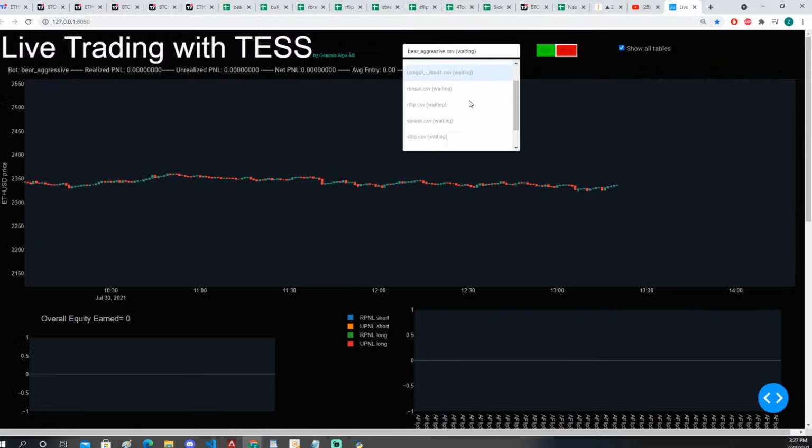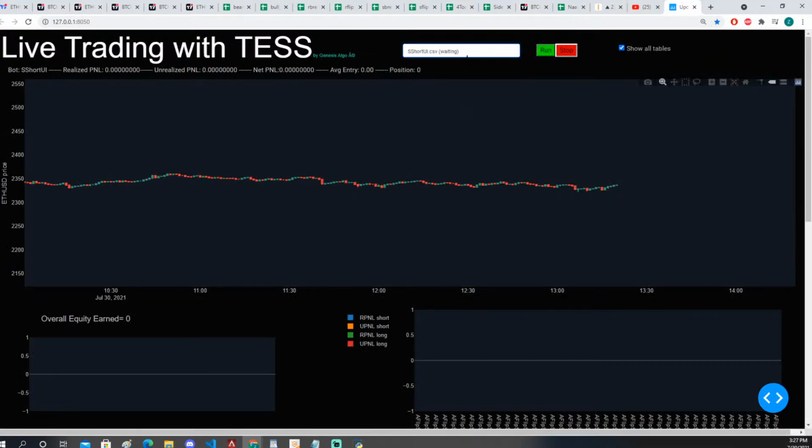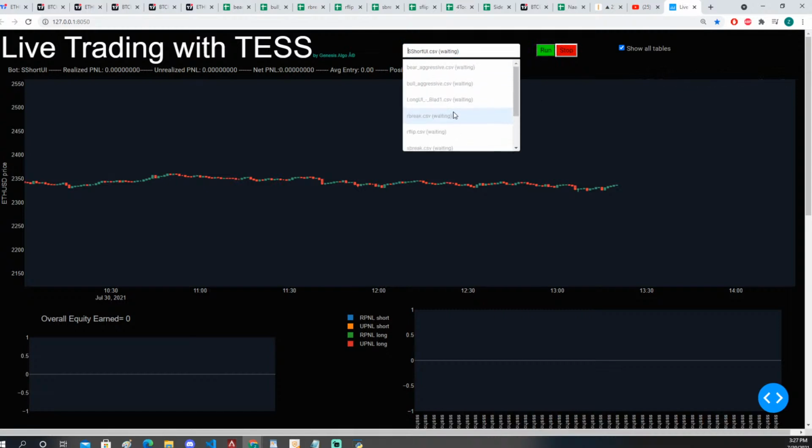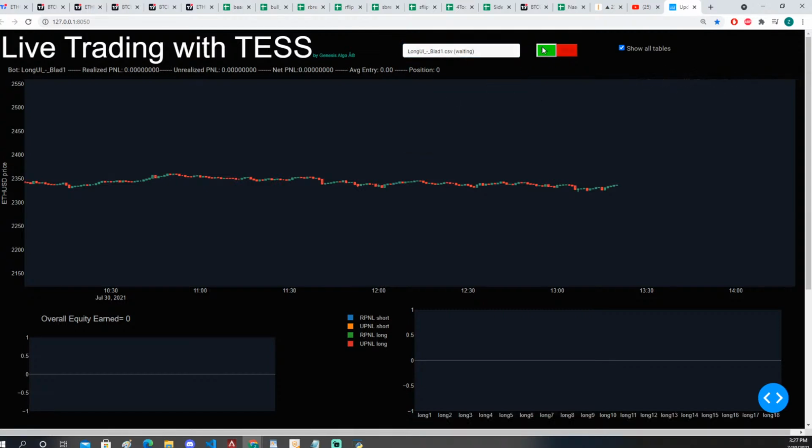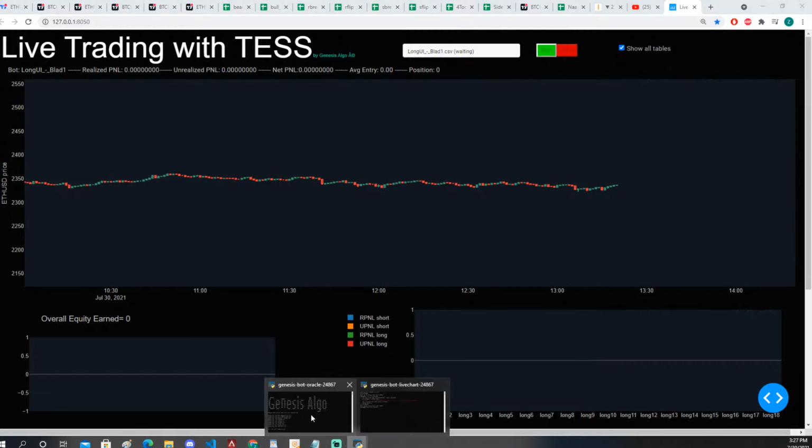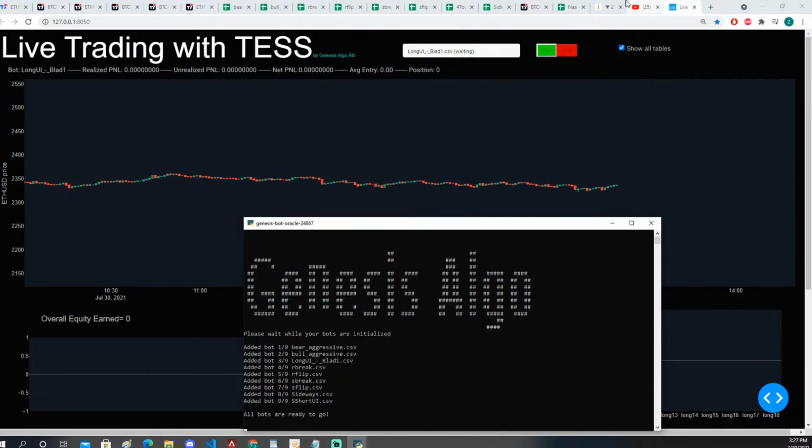In the meantime, our bot has started up, short UI is finally there, and long UI is here. We can run it, and our bot should start running. There we go.